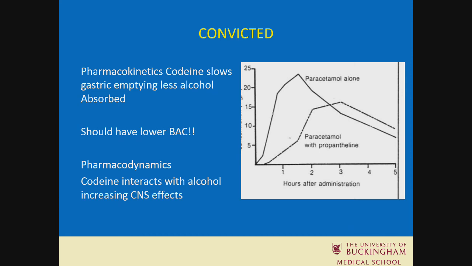So actually, he's argued himself into trouble, because by slowing gastric emptying, it should have lowered his blood alcohol concentration. So it just proves that he was wrong, and he was convicted. There's one small merit in his argument, which I mentioned earlier: codeine does interact with alcohol by increasing the CNS effects of alcohol, by having a depressing effect, but in different ways.